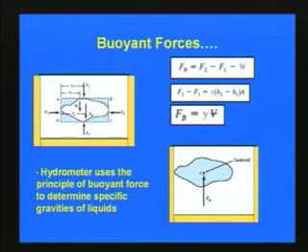This theory we can apply to many engineering problems, and also to equipment like the hydrometer, which is used for specific gravity determination and is based upon this principle. Now, based upon the buoyant force and the Archimedes principle, we will discuss the stability and equilibrium in fluid statics.